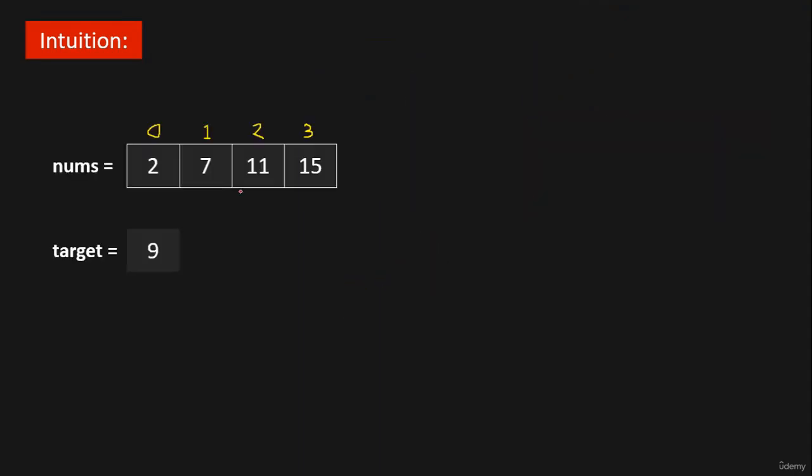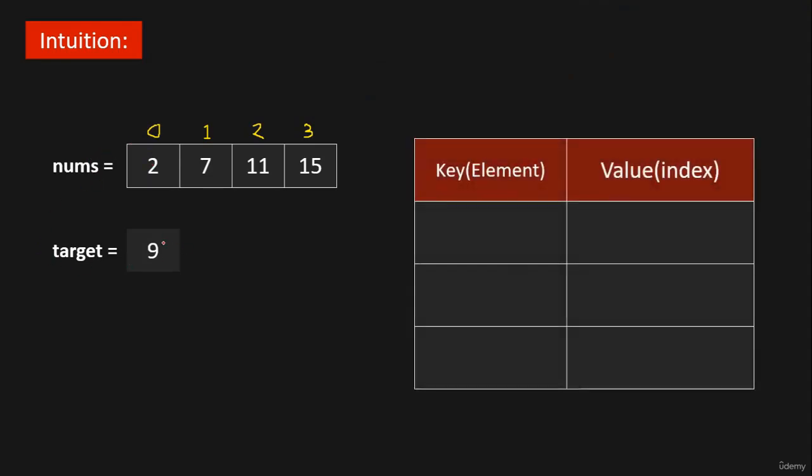For the sake of understanding, let's assume we're given this array and target equals to 9. And this is our hash map. We have key and value. As key, we will store the element, and as value, we will store the index. First thing, we'll iterate through this array from left to right, from this element to the rightmost element.